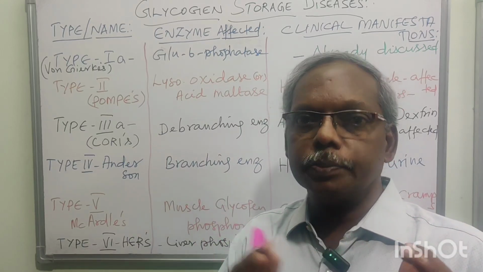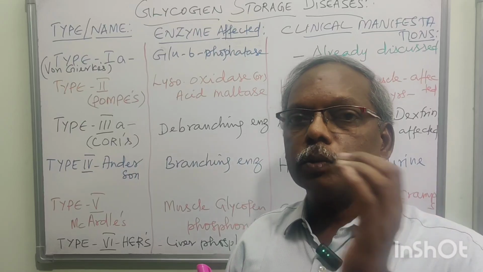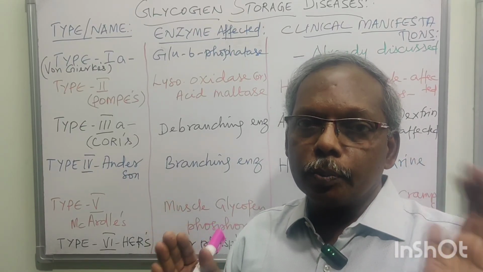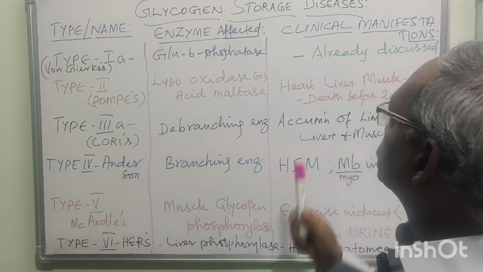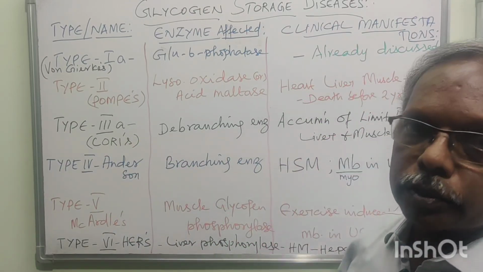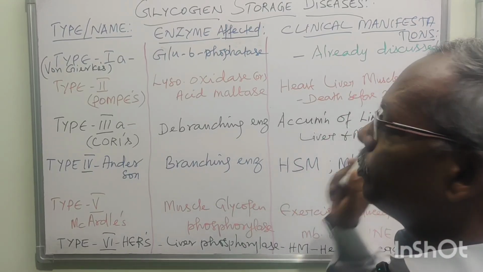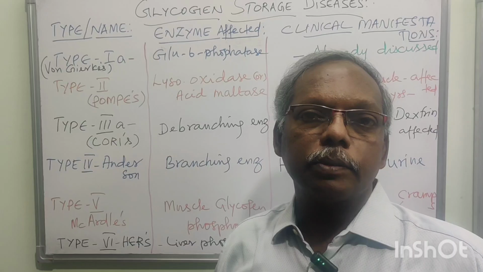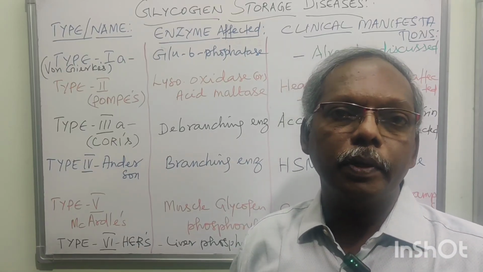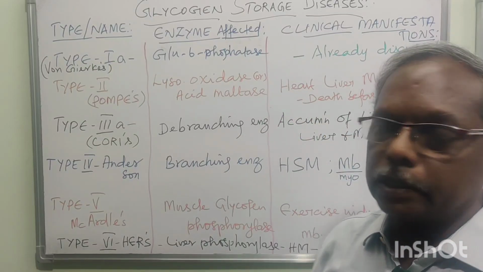You should know the difference between glycogen involvement in infants and in adults. Accumulation of glycogen in heart, liver and muscle produces death before 2 years. The maximum age for the baby is 2 only, because of the involvement of these 3 organs.